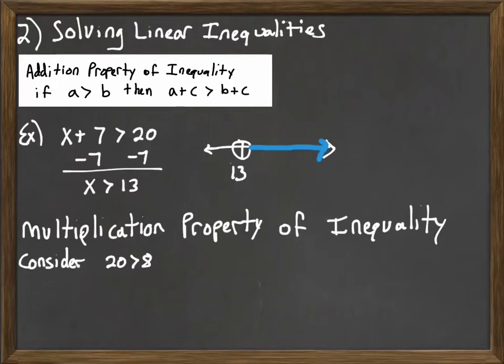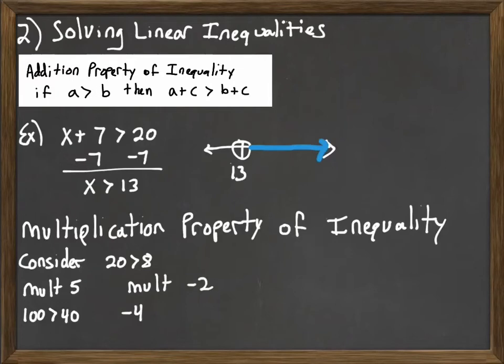So let's take that inequality and multiply both sides by 5. 5 20s would be 100, 5 8s would be 40, and 100 is still greater than 40. So there the inequality was maintained.